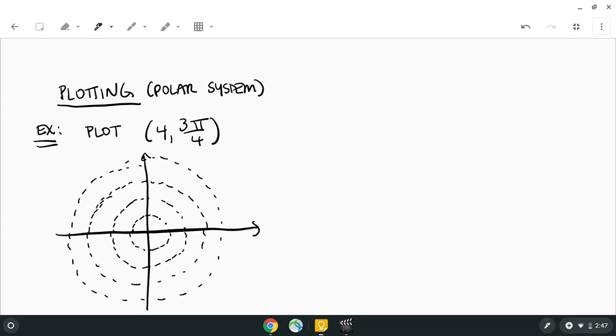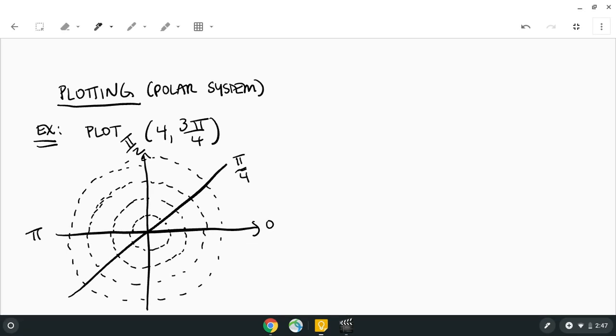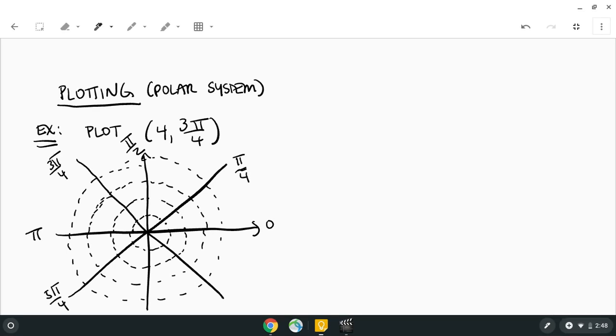Okay, so here is my angle. My angle is 3 pi over 4. Let me go ahead and draw some more angles here. There's pi over 4, pi over 2, pi, five pi over 4, and then this one over here is 3 pi over 2.